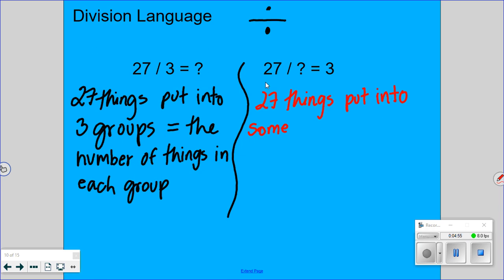Just some groups, mystery groups. 27 put into some groups. Keep going, Connor, we need the rest of it.